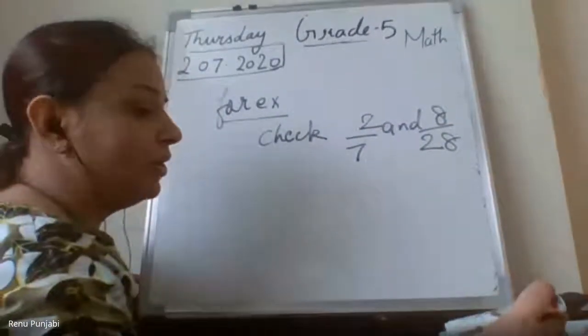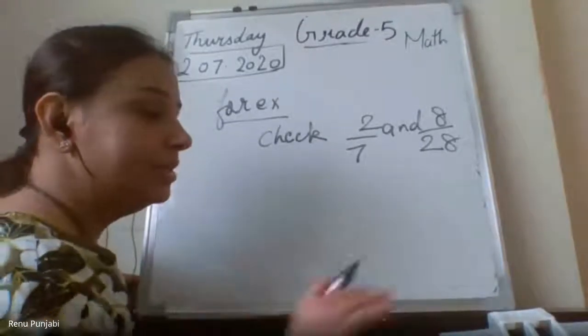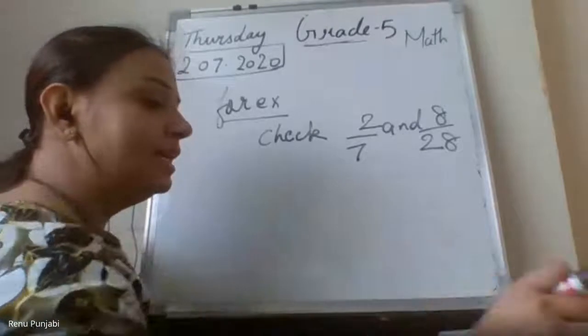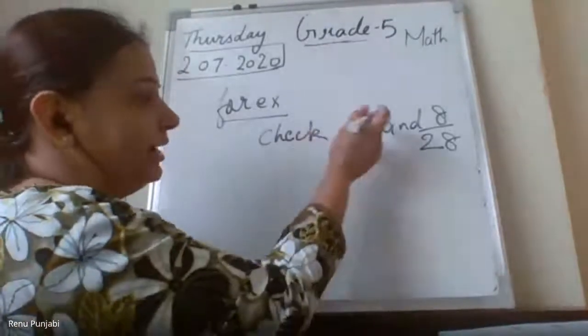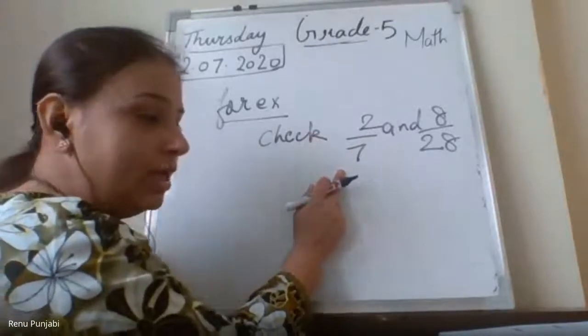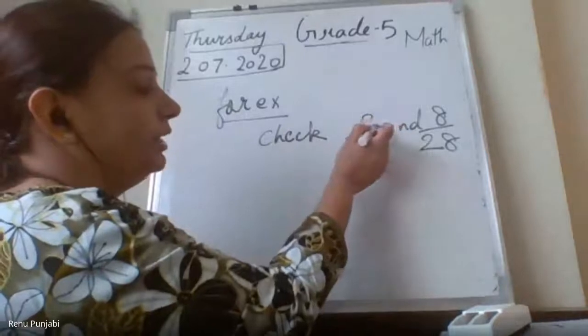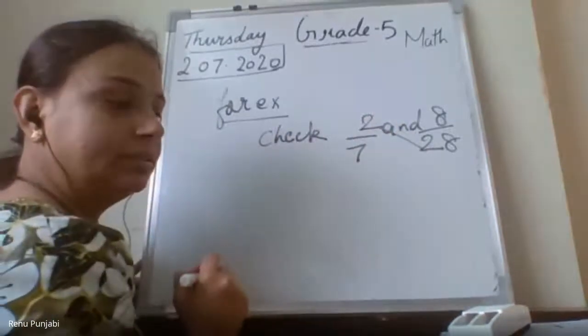So we do the cross multiplication. Now let us learn what is cross multiplication. Cross multiplication is multiplying the numerator, you all know this number, the denominator is this number, the numerator of a fraction with the denominator of the second fraction.